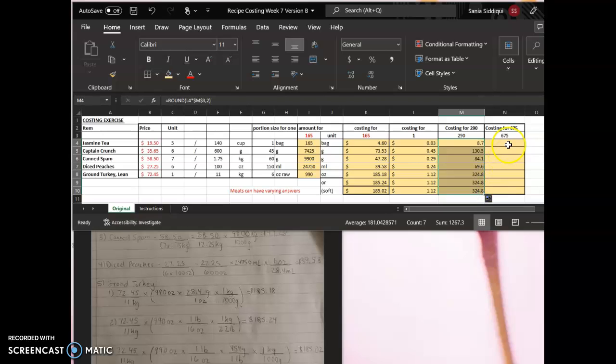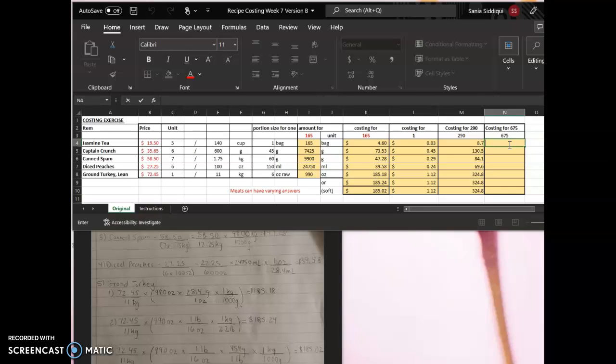Now, the last column that we have left here is to cost for 675. So same as before, we're going to take our L, and then we're going to multiply it by 675. Enable absolute cell referencing for N3, which is 675, and then going to the address bar up here, click on round.